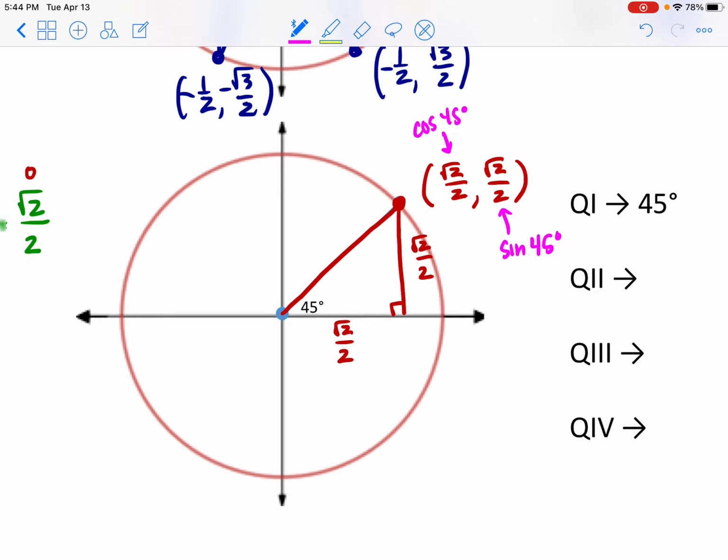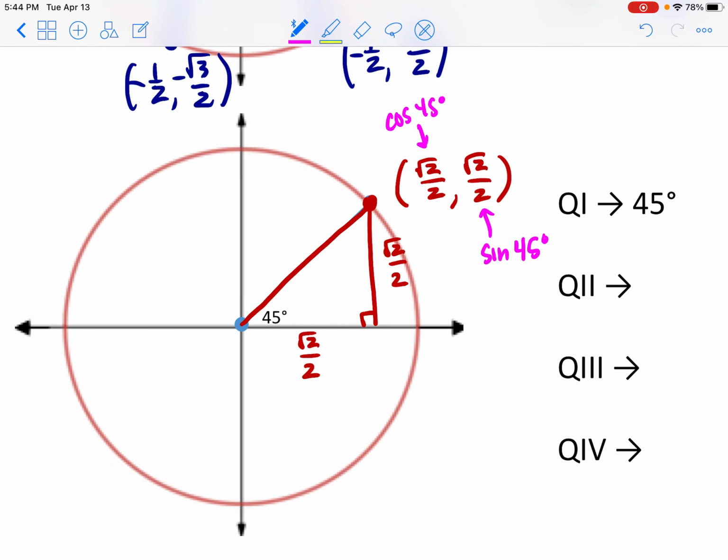Okay? Now if I take that same triangle and flip it over to quadrant 2, how is it going to look? It's going to be the same triangle, right? But what's the angle that we're looking at with this triangle? Well, the reference angle is the same, 45 degrees. But what is the value of the total angle?